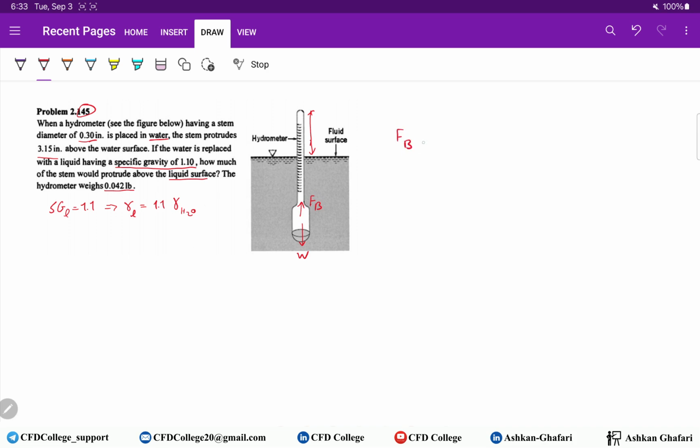Buoyancy force, Fb, equals gamma of the liquid times volume of the object, which is inside and within the water. Here we have equilibrium, so summation of forces in vertical direction equals 0, so W should be equal to buoyancy force.